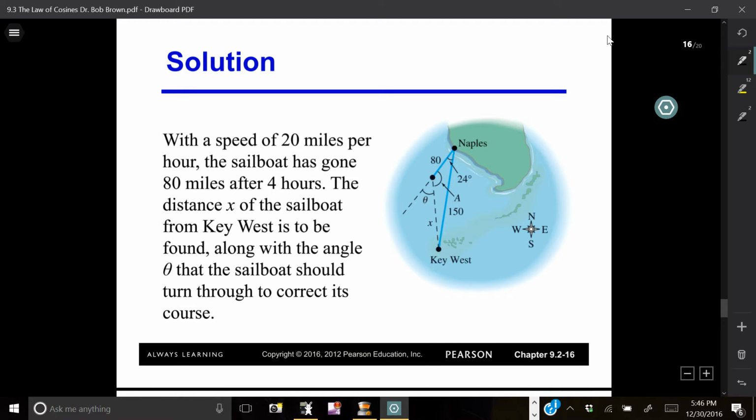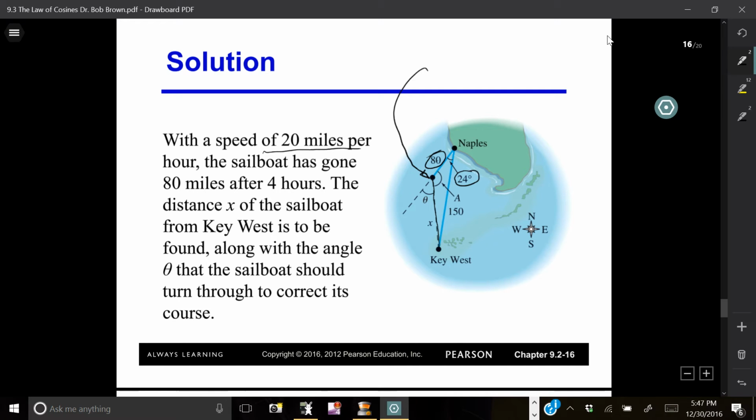Well, here we are. If you were going at 20 miles per hour for 4 hours, the crew had gone 80 miles, but it had gone 24 degrees off course. And at that point, it wants to turn through a certain angle and head for Key West.